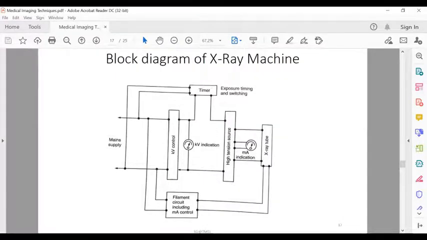Now, how is the X-ray film to be processed? X-rays have quite shorter wavelengths than visible light, and they react with photographic emulsion in a similar fashion as light.